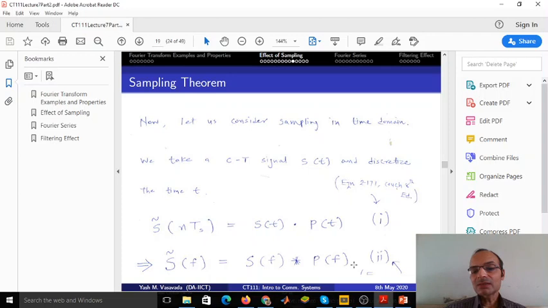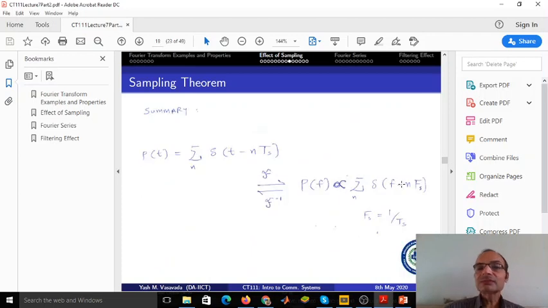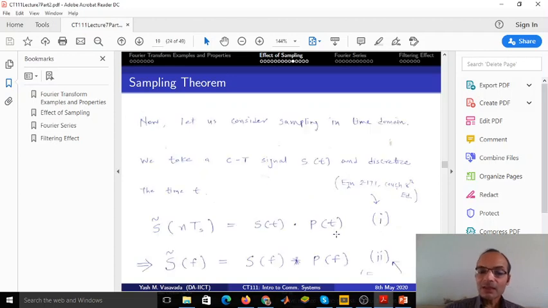But what do you think is happening on the right hand side of equation number 2? This capital P of f also is made up of Dirac delta functions, except those Dirac delta functions are shifted in the frequency domain, and they are shifted by integer multiples of F of s. For each integer multiple of F of s, there is a delta function. What happens when we convolve S of f with a particular shifted Dirac delta function?